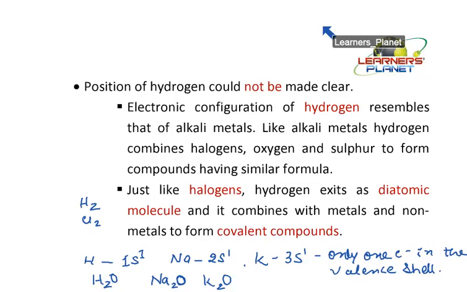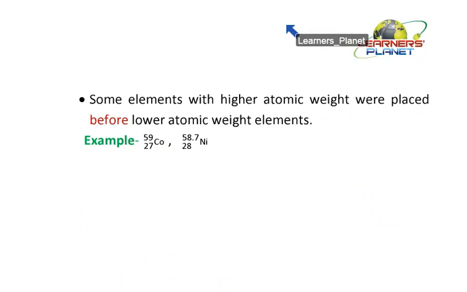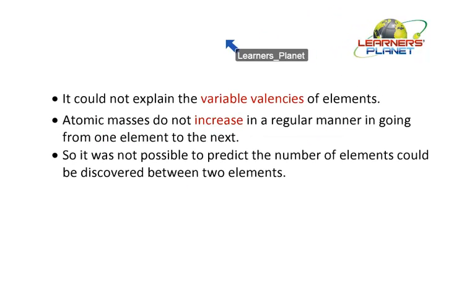Now let's take up a few more anomalies. Some elements with higher atomic weight were placed before lower atomic weight elements like cobalt and nickel. It could not explain the variable valencies of elements. Variable valencies means, let's take iron. Iron has valencies 2, 3.